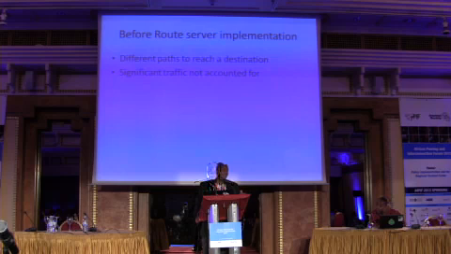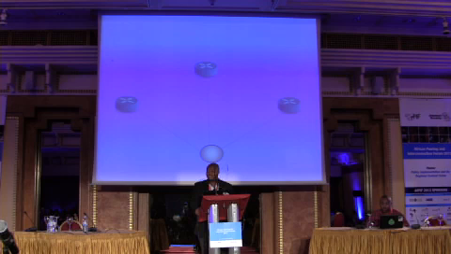Remember I said when you have an RS implementation, that's the route server implementation, your route server does not include the AS path, so it's like one AS path less.